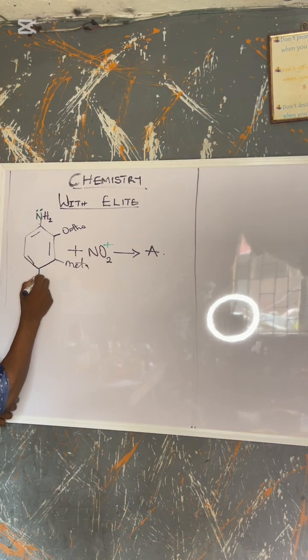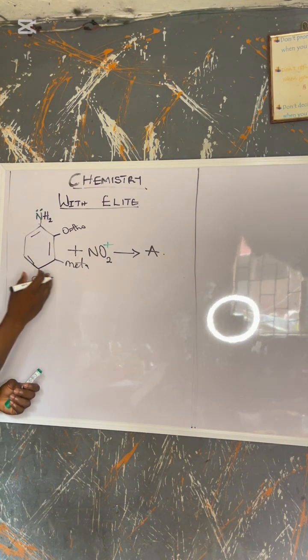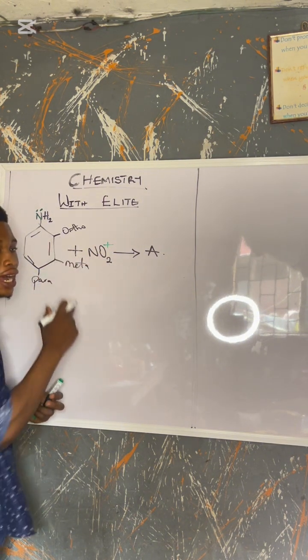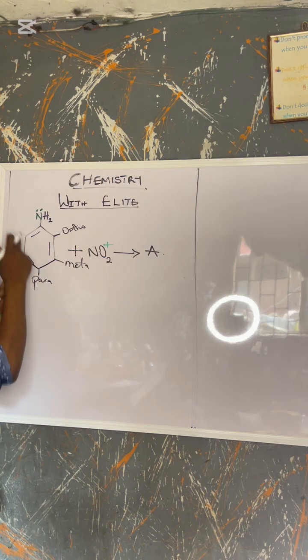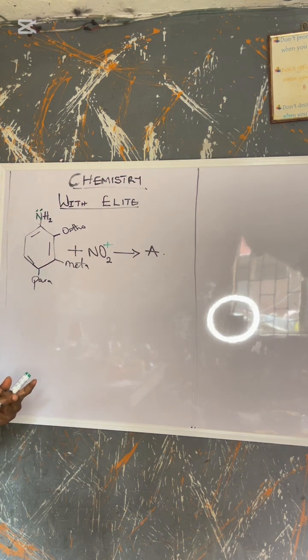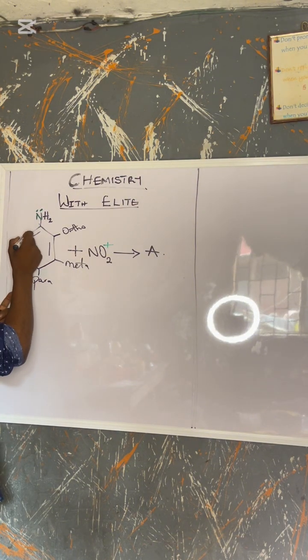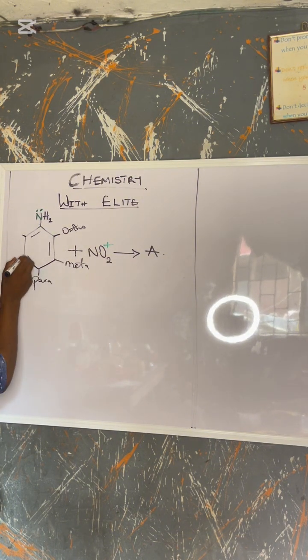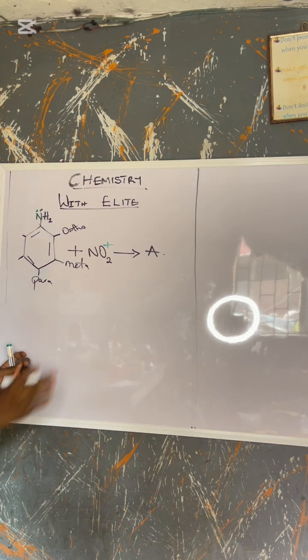The 1,4 is the what? Is the para position. So these are the positions that this NO2 plus can occupy, either ortho, meta, or para. And take note, this is a cyclic compound. I can either count this way or count the other way. So that means this is also ortho, and this is also meta, and this remains para. Do you understand?